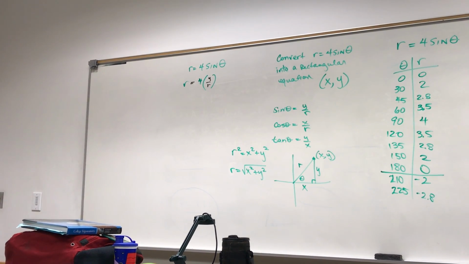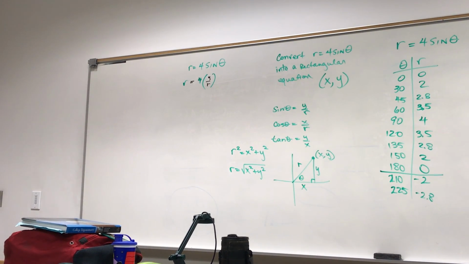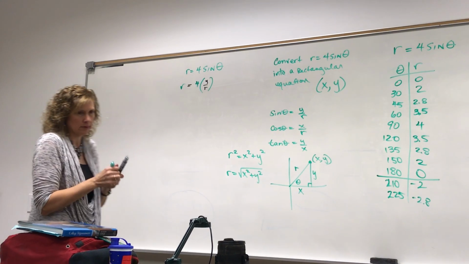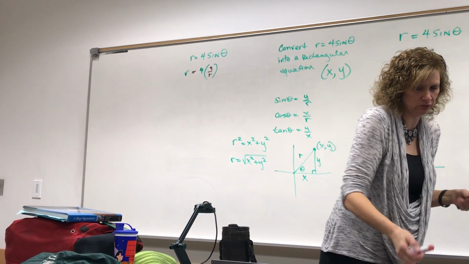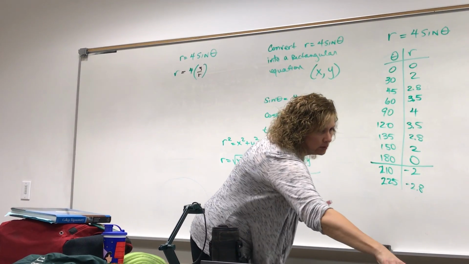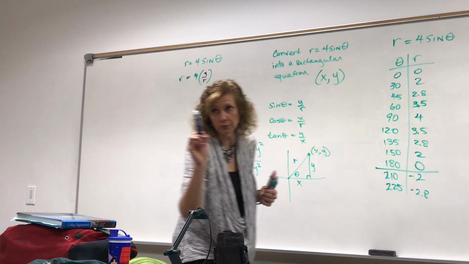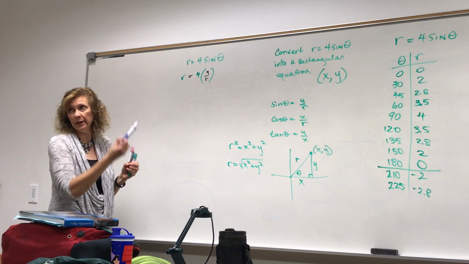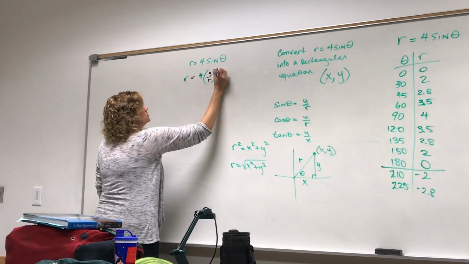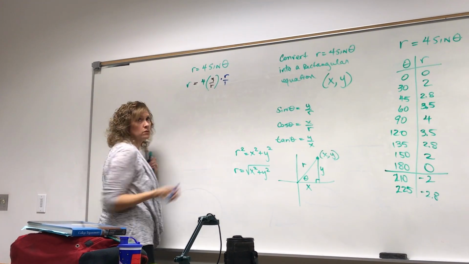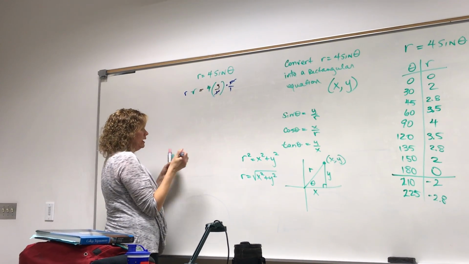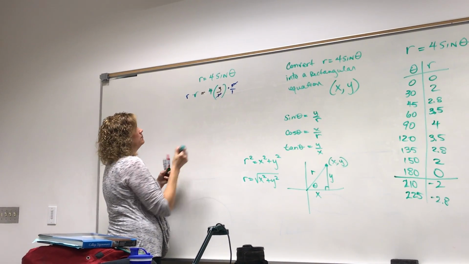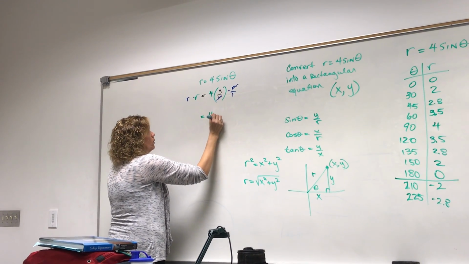And I know you love the fraction on the right-hand side. If you want to just get rid of that fraction, what might you do? We could distribute, but what if we just multiply both sides by r? If I multiply this by r, you know it's over 1. So here I cancel, and we end up getting 4y.